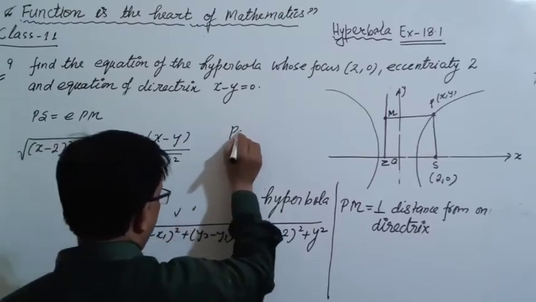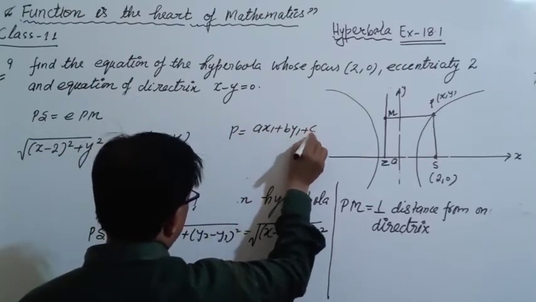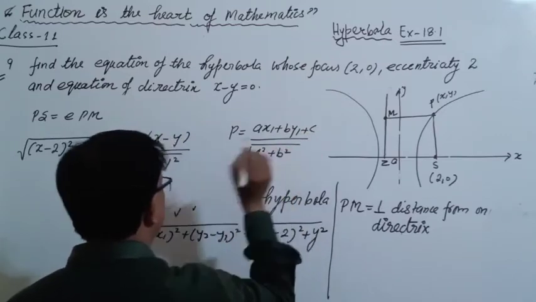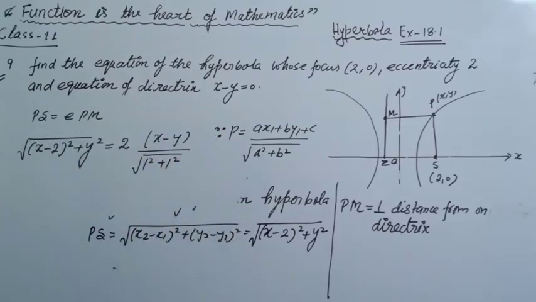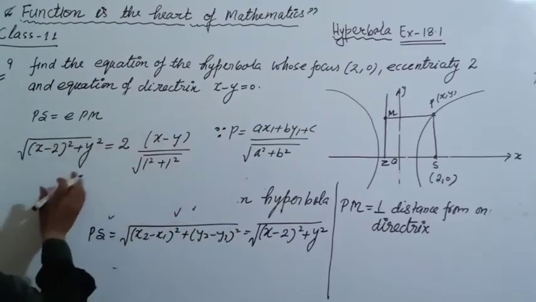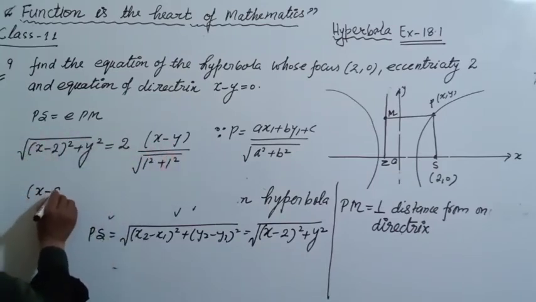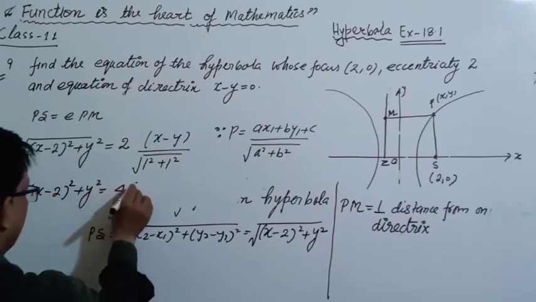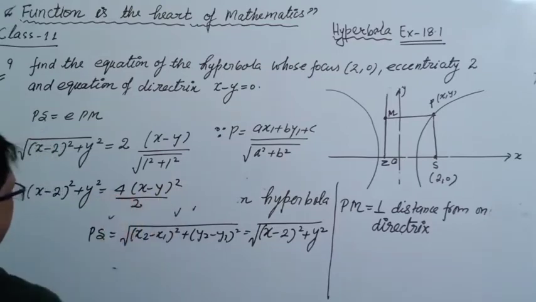We apply the formula (a x1 plus b y1 plus c) upon the square root of a square plus b square. Now squaring both sides, the root is removed. So we get (x minus 2) whole square plus y square is equal to 4 (x minus y) whole square upon 2, since 1 plus 1 becomes 2.